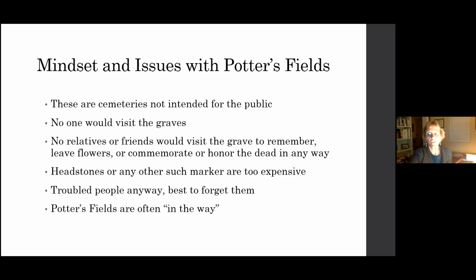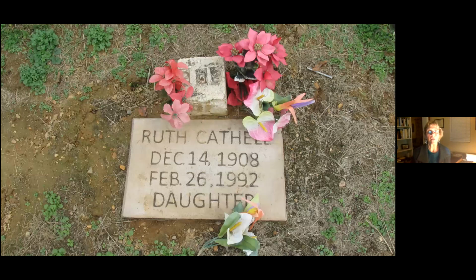I want to say just a couple of things about that, the fact that no one would come to visit them, or no one cares. I visit these cemeteries on a somewhat regular basis just to see what's going on, and people leave things by the numbered marker, which you see here.